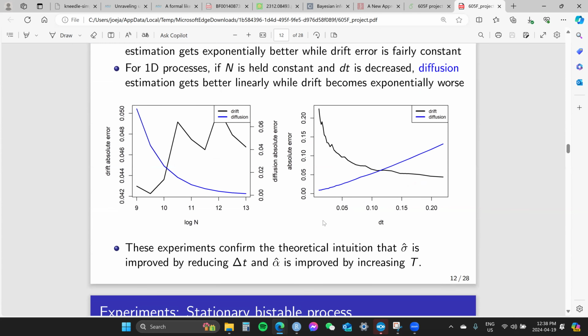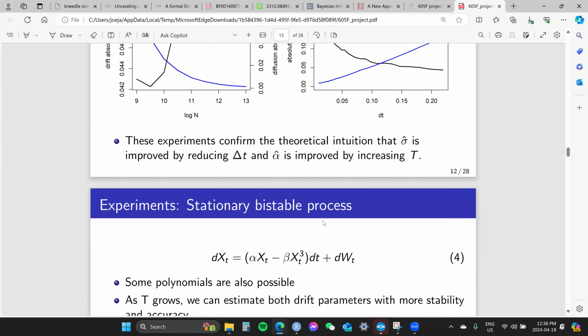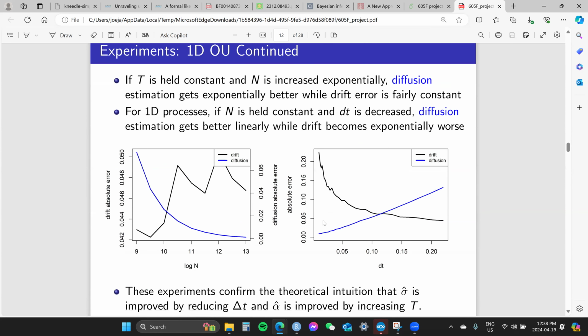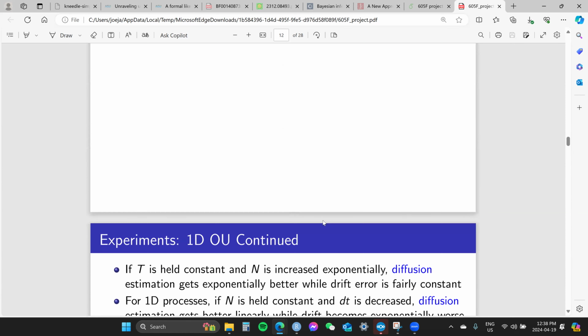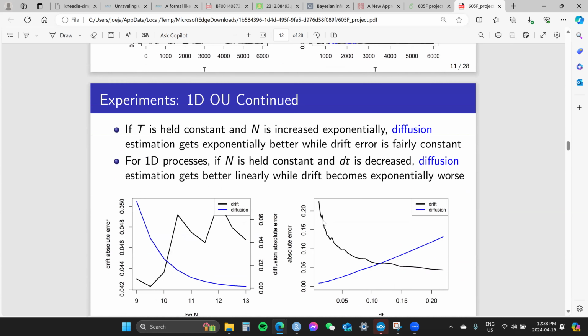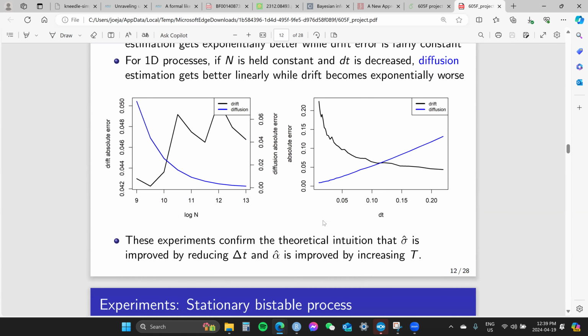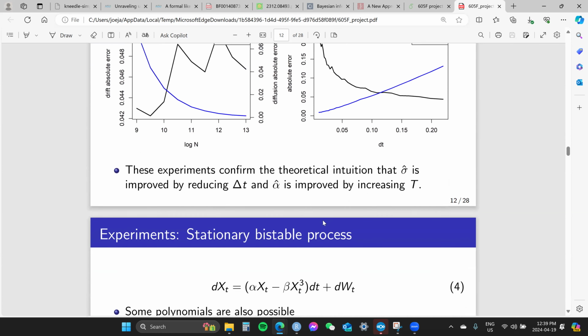So these kind of confirm that theoretical intuition, and we also see that there's always this kind of clash between estimating drift and estimating diffusion. There's no plots here where both of them are decreasing at the same time, which is a bit frustrating, but we'll see later there's kind of a solution to that.